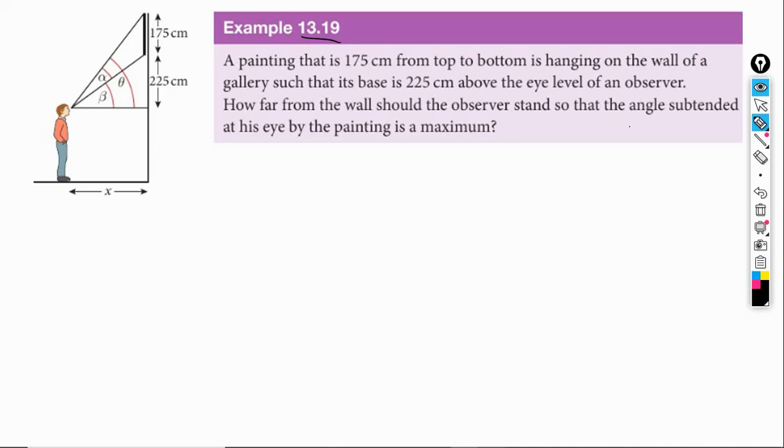How far from the wall should the observer stand so that the angle subtended at his eye by the painting is a maximum? So what's the maximum possible value for alpha? We don't need to find alpha, but we need to find x, right? So in other words, how large should x be so that alpha has its maximum possible value?